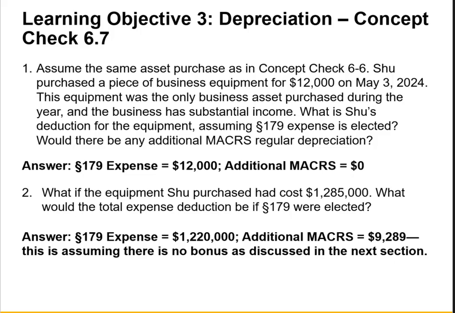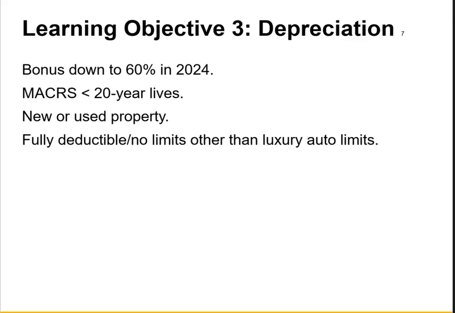All right. Now, of course, there's even another special depreciation, if you will. In 2024, as long as it has a life of less than 20 years, so again, does not apply to real estate, because that's either 27 and a half years or 39 years.